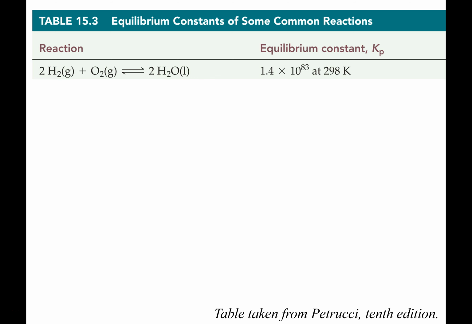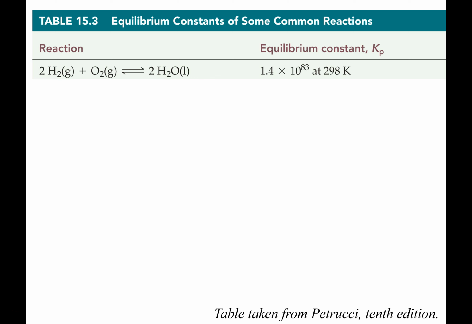All right, so what do I mean by big and what do I mean by small? Here are some chemical equilibria. It tells you what temperature the equilibrium constant is valid at. This is 298 K, which is about 25 degrees Celsius. For this equilibrium, you're looking at 1.4 times 10 to the 83rd.